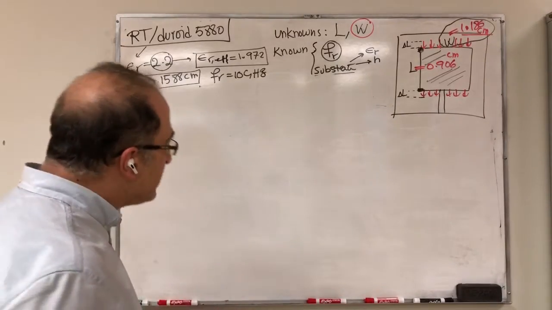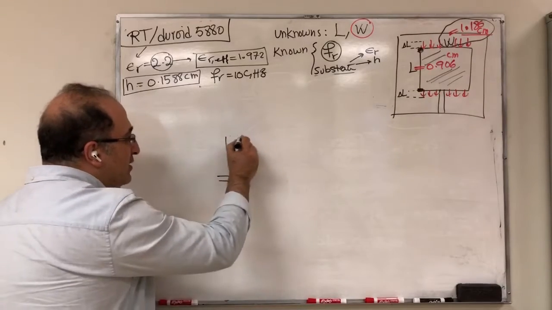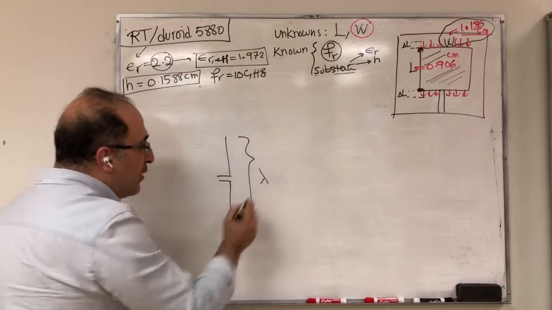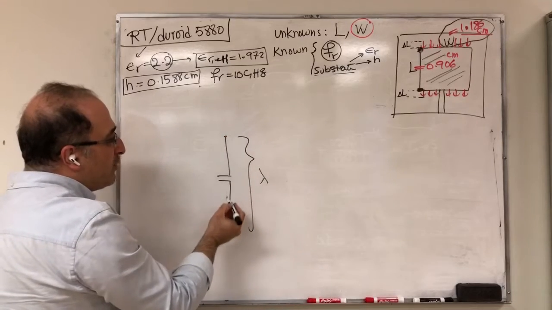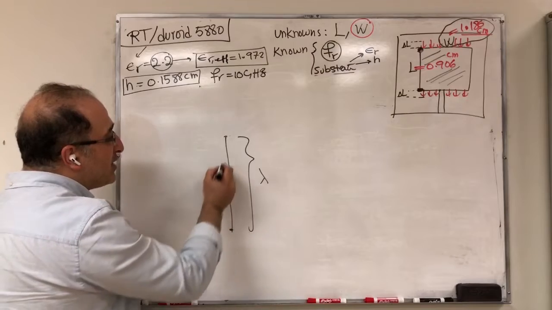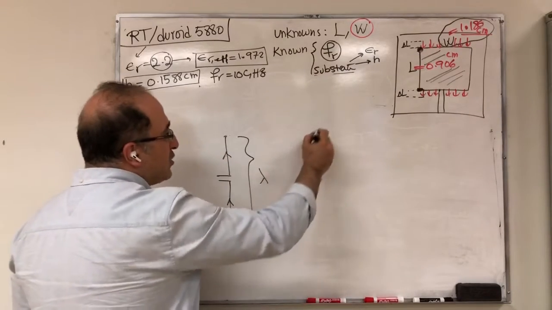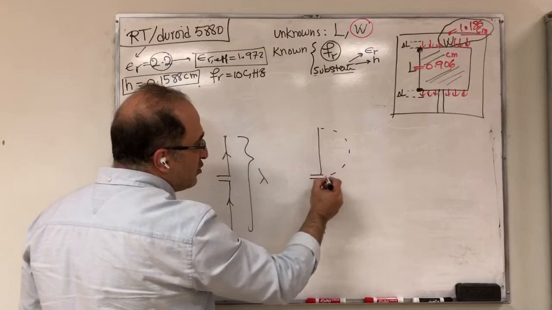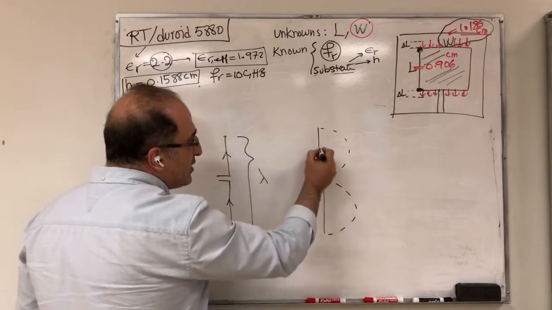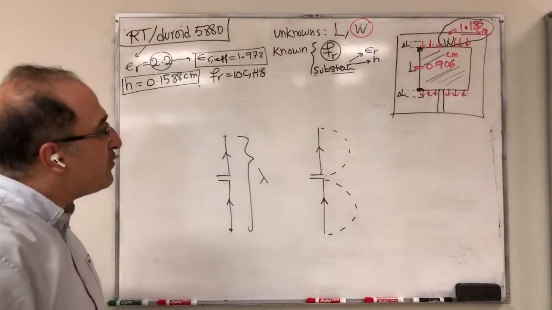Remember, for example, if you have a full wavelength dipole antenna, and you want to do the analysis in terms of current distribution, you get in-phase current. So you essentially have this type of current distribution, which is very nice because you get two sets of current that are in phase, no problem.